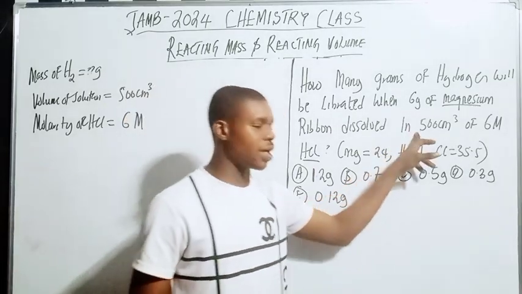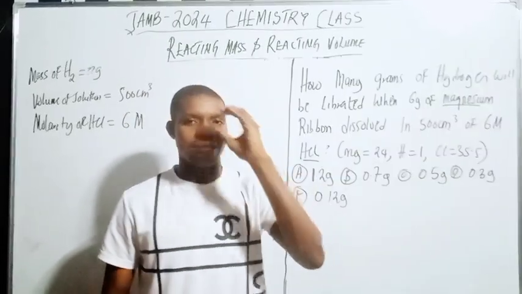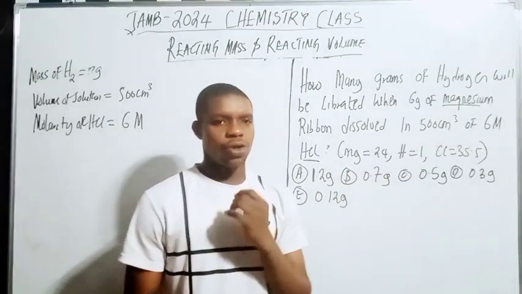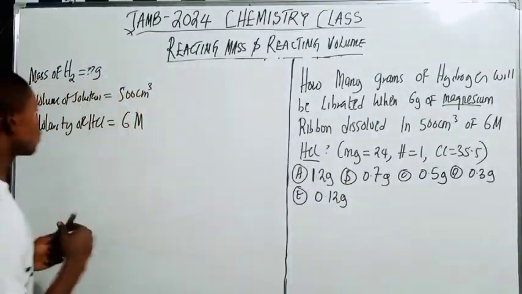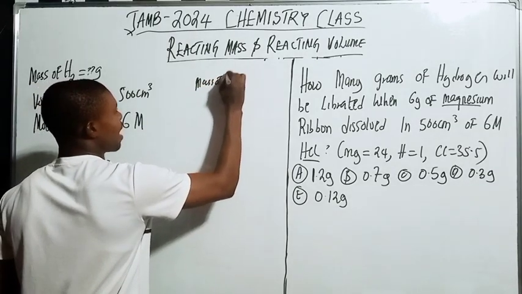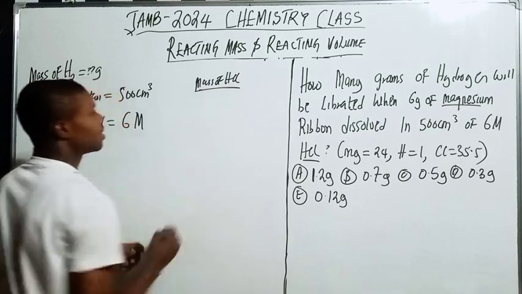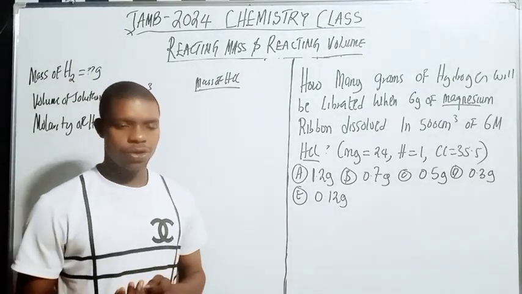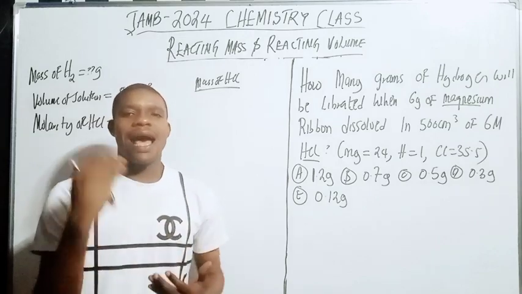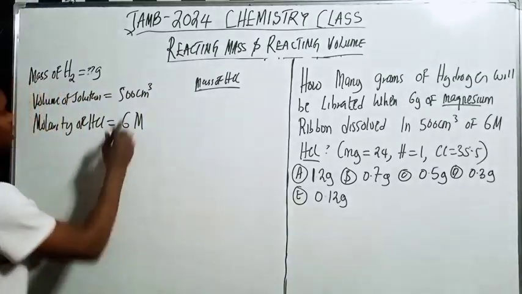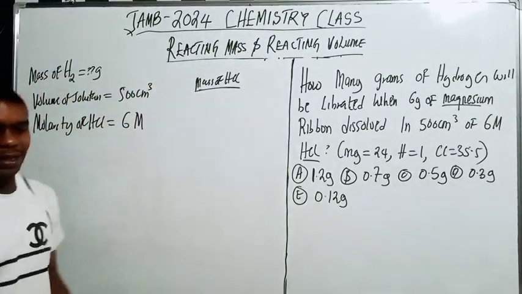They didn't mention STP here. The volume is of the HCl solution, and the molarity. Do you get that? So what I want to do here is look for the mass of hydrogen chloride. That's what I need to calculate. So the question will be how can I calculate the mass of hydrogen chloride using the volume and the molarity.